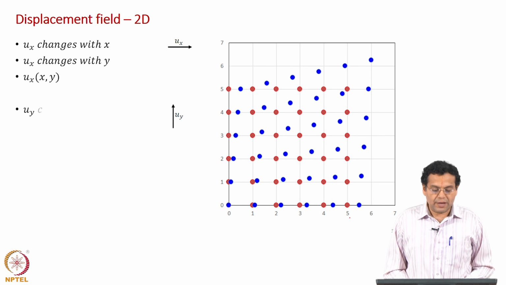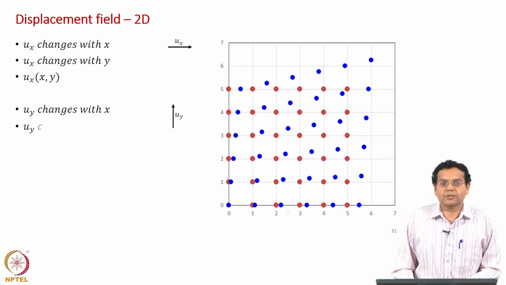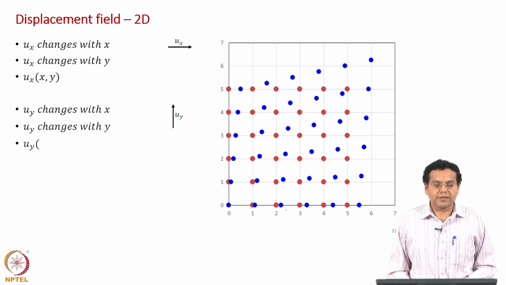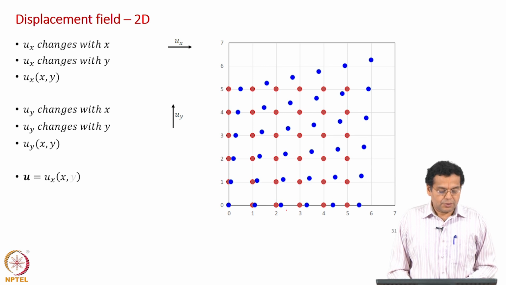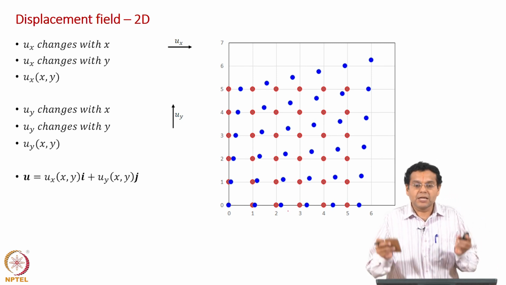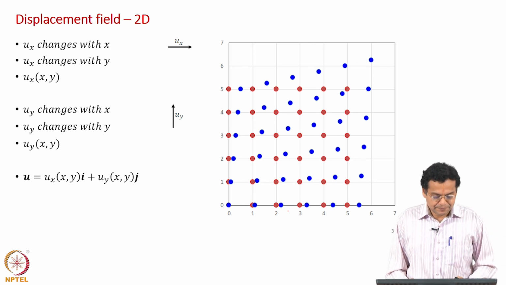Similarly, Uy changes with x, Uy changes with y, and Uy is a function of x comma y. And we have represented the displacement field in terms of a vector. U vector is equal to Ux i plus Uy j, and Ux, Uy themselves are functions of x comma y. That is a displacement field. We are given this displacement field. We need to find out the strains, that is the idea.